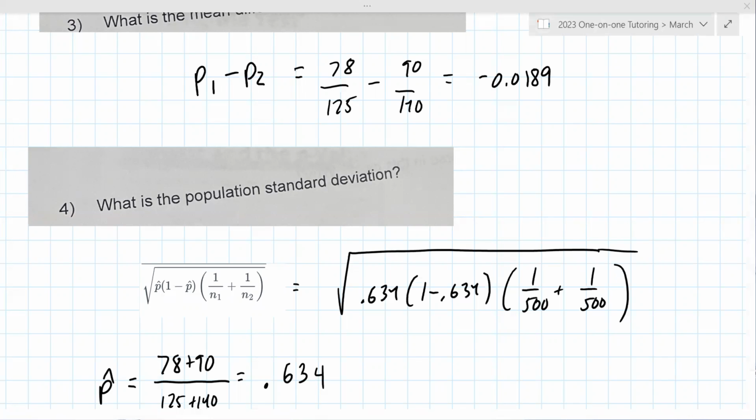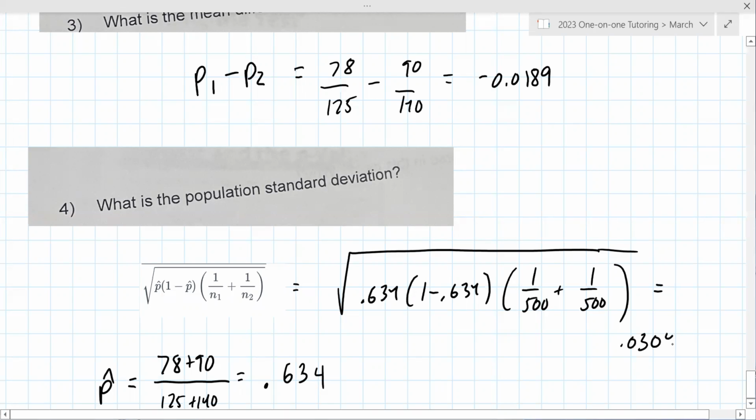Go ahead and calculate that for us, please. 0.0304. Yes. Okay.